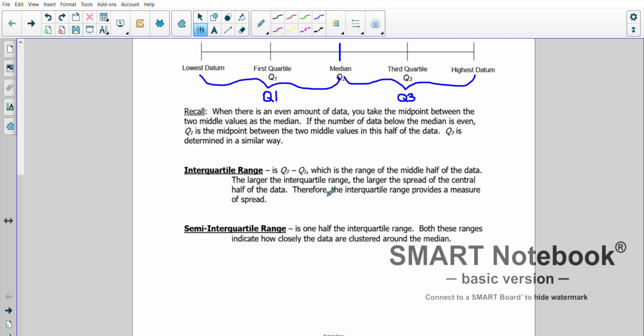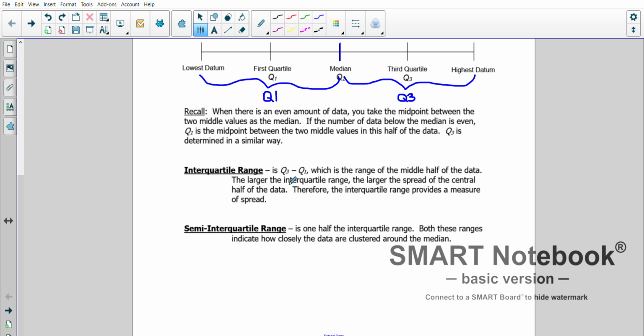So just some other terms here, an interquartile range can be calculated by taking the value of the third quartile and subtracting the first quartile. Basically what that does is it gives you the range of the middle half of the data. So the first quartile and third quartile make up the middle half of the data, and the interquartile range will give you the range of that.